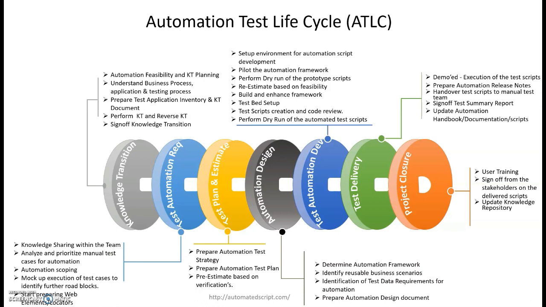A clear understanding of these details is important for prompt, smooth test automation, and its maintenance, updates and upgrades with minimal changes. We need to prepare KT, or knowledge transfer, documentation for further reference. Perform reverse KT within the team to understand the team's understanding of the features to automate. And finally, sign off the knowledge transition phase to move on to the next important milestone of ATLC.